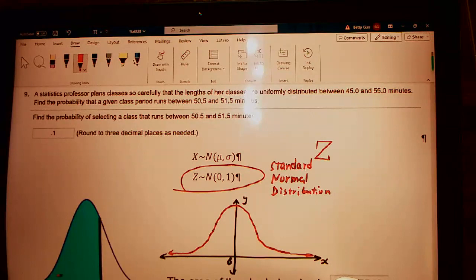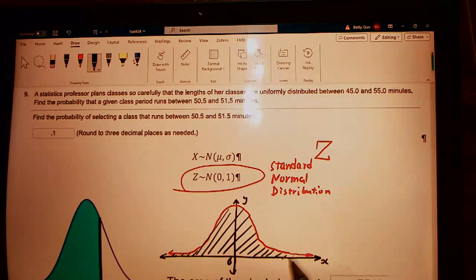Condition 1, the curve is completely above the x-axis. Condition 2, the area of the region below the curve and right above the x-axis is 1. Believe it or not, it is 1.